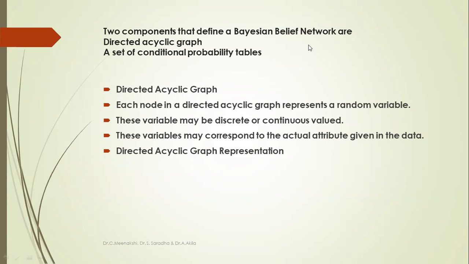The first one is called the directed acyclic graph. In the directed acyclic graph, each node represents a random variable, and this variable can be discrete or continuous valued. It also has some correspondence to the actual attribute of the given data.